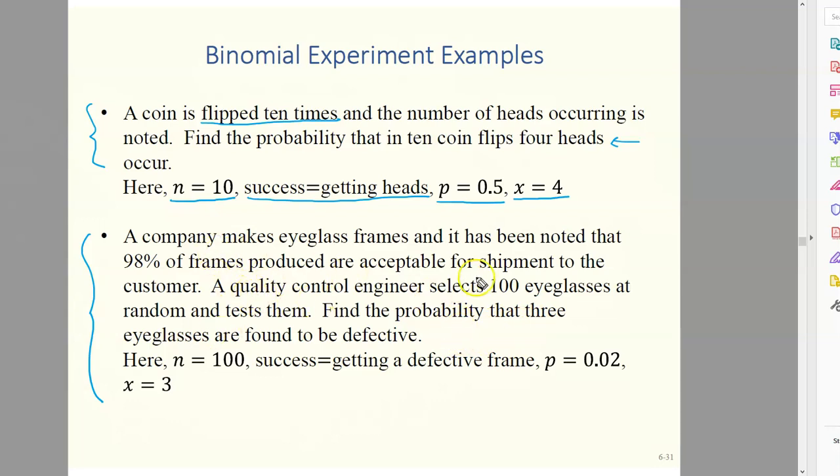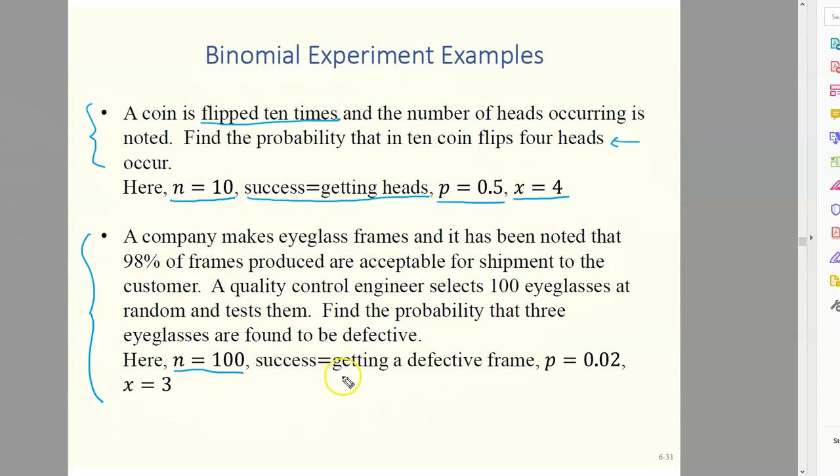So in this case, we have n equals 100. That's the number of trials. A trial is where the quality control engineer selects 1 eyeglass at random, and they are doing that 100 times.